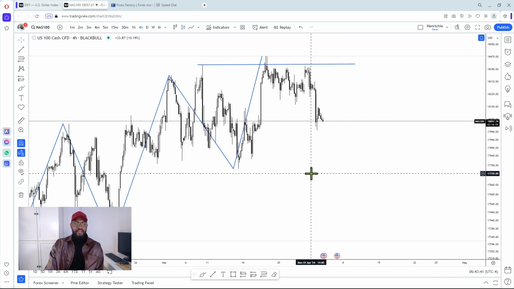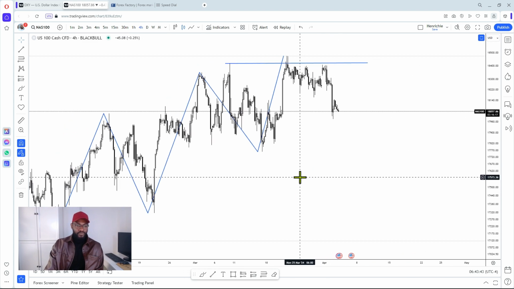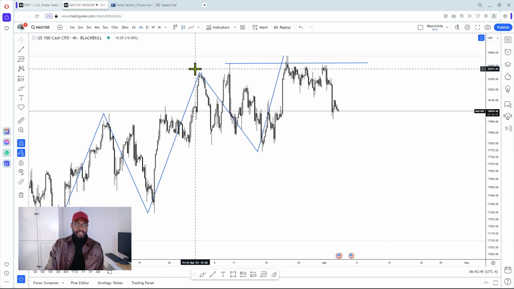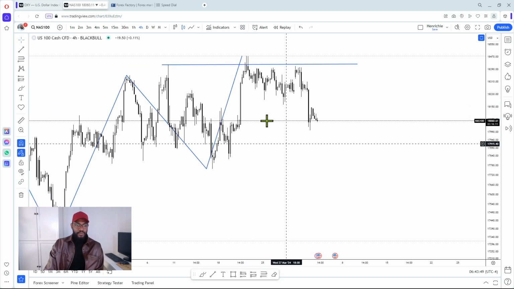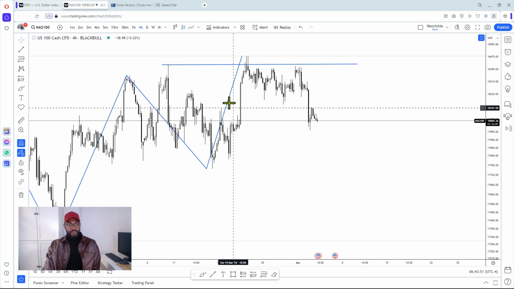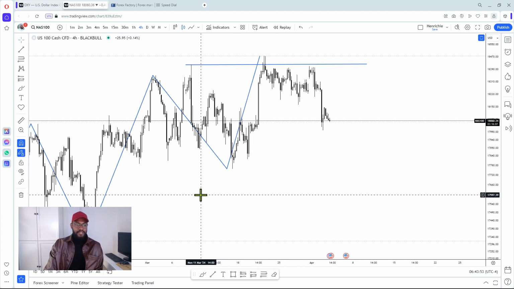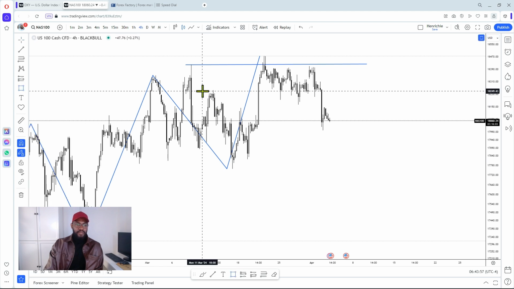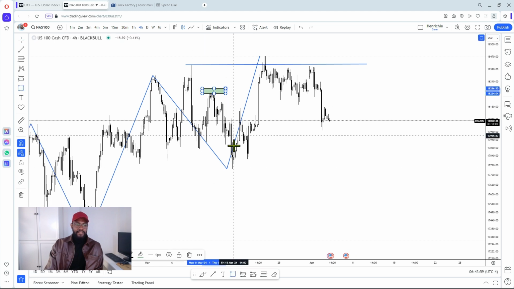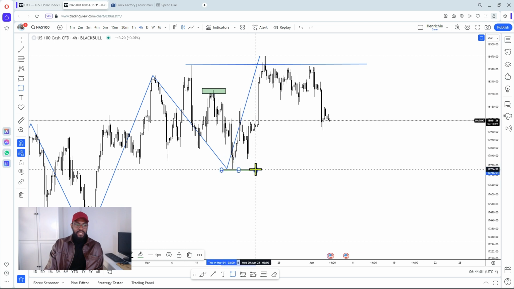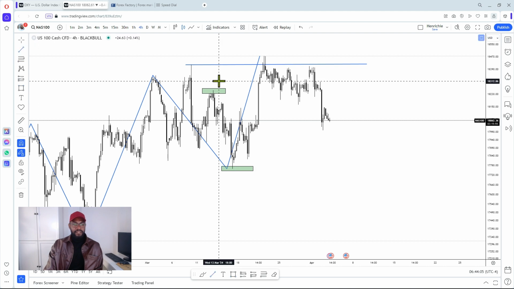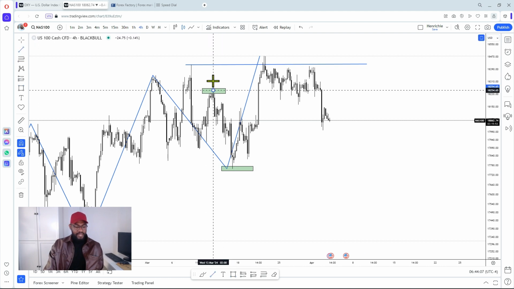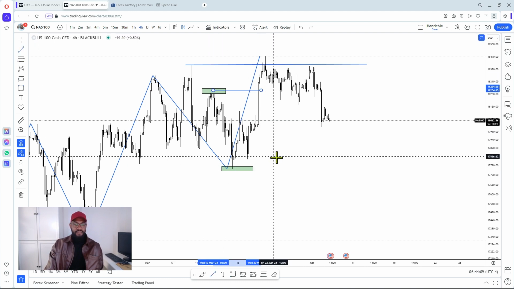On the 4 hour time frame, as you can see, after we created this higher high, created this higher low right here, this is what we're working with. On the 4 hour time frame, we have this 4 hour high, we have a 4 hour low, and then this right here is our 4 hour break of structure.